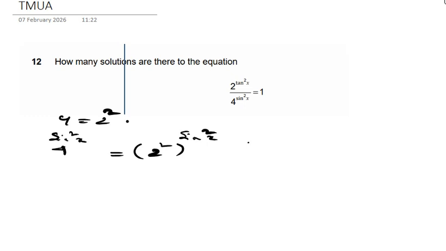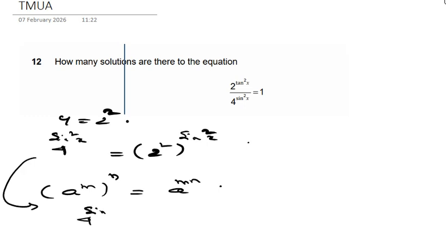Now using the power rule, (a^m)^n is equal to a^(mn). We get what? We get 4^(sin²x) is equal to 2^(2 sin²x).